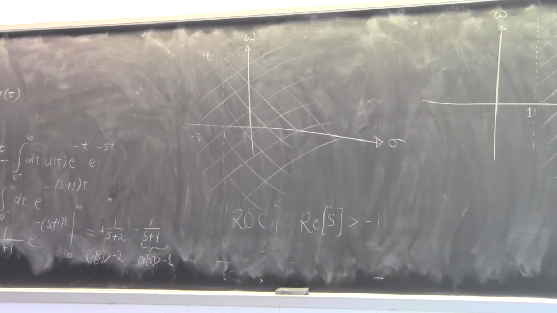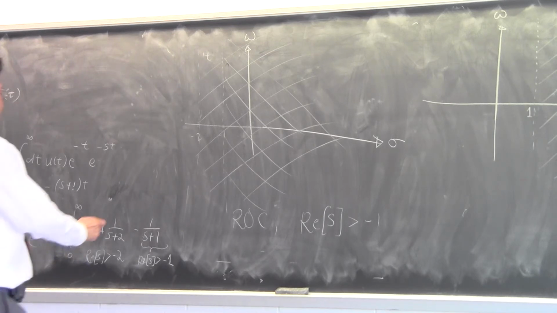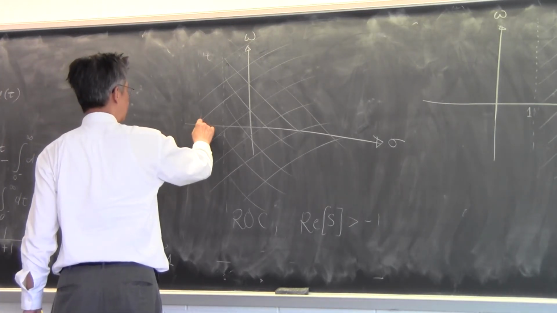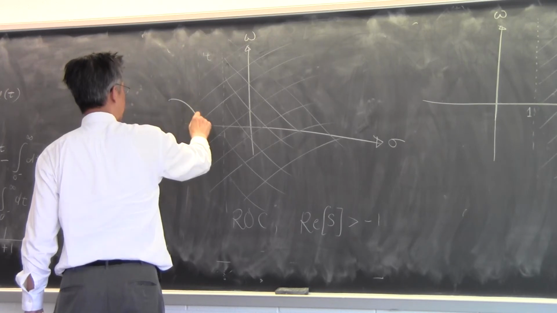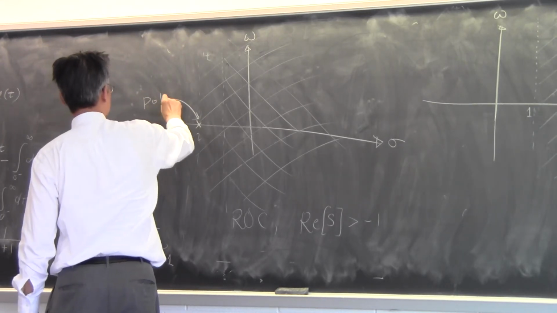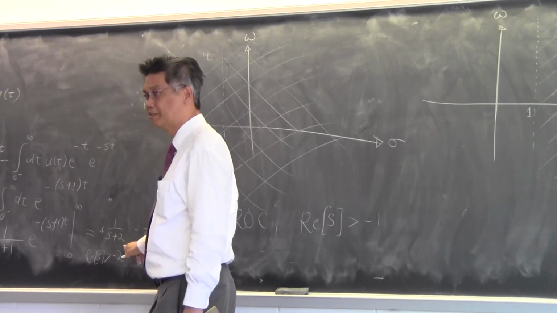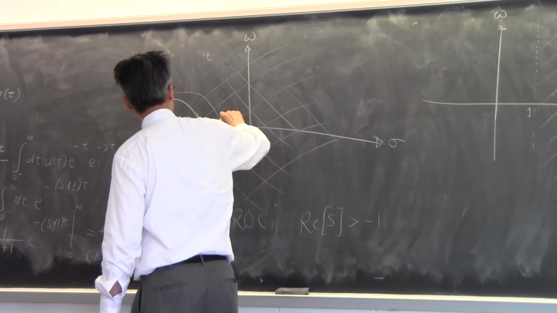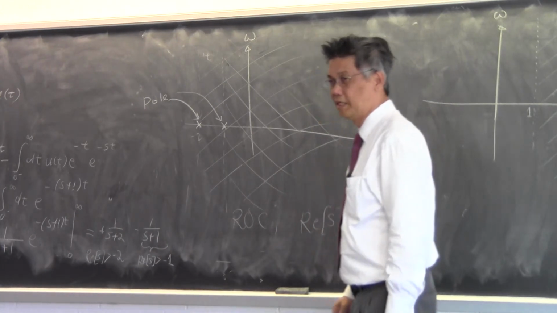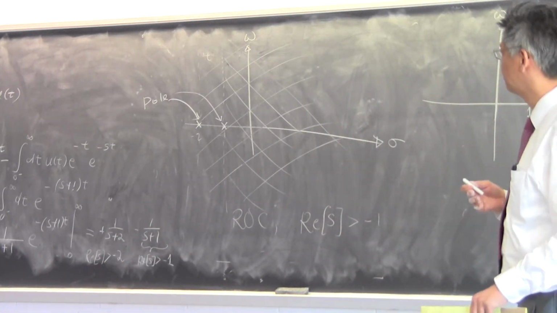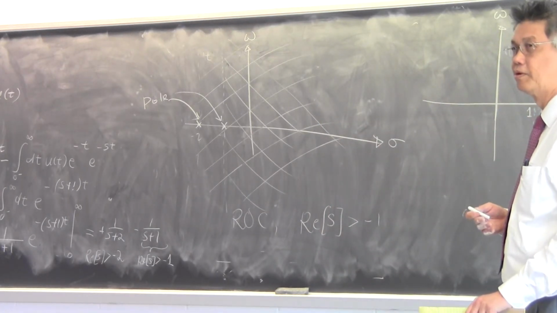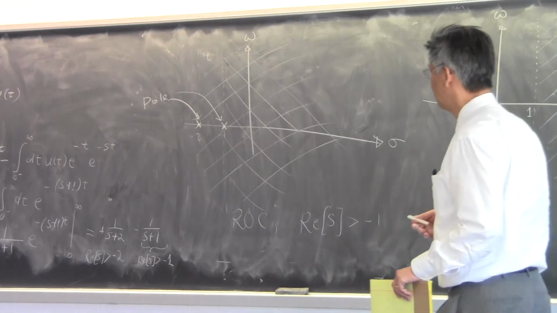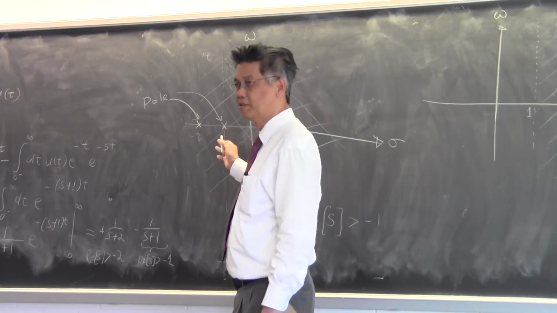So another thing to notice is that this location over here is called a pole, because this is a location where this function goes to infinity, and this location is also called a pole. And the region of convergence is always to the right of the pole, in this case, to the right of the rightmost pole.